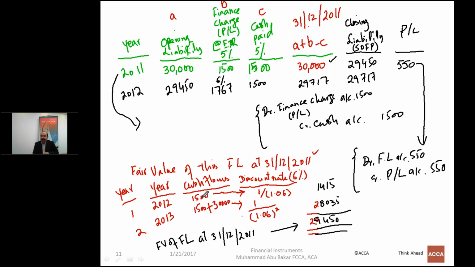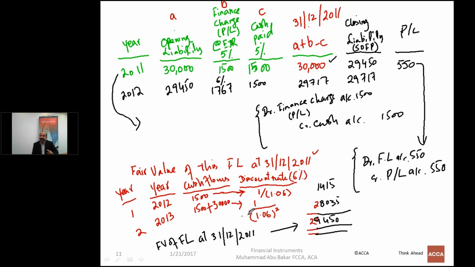The method is simply to look at the remaining cash outflows related to that financial liability, and discount those cash outflows using the new market interest rate. This will give you the present values, and when you add up these present values, this will give you the fair value of your financial liability at that date.